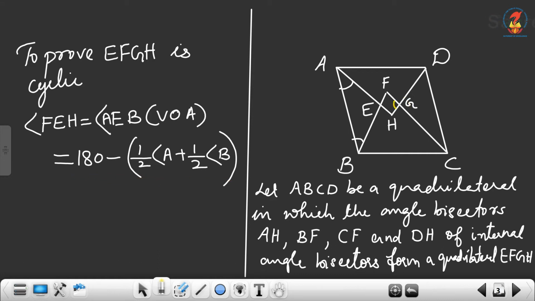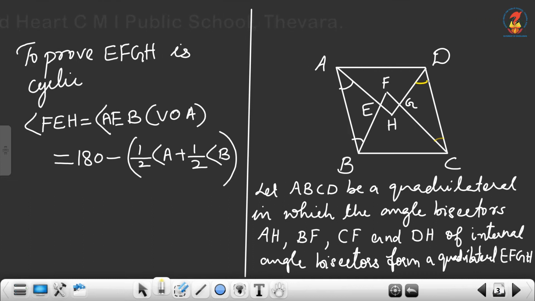Angle FGH is equal to angle DGC because they are vertically opposite angles. Using the same step, we can write this angle as 180 minus this angle plus this angle.